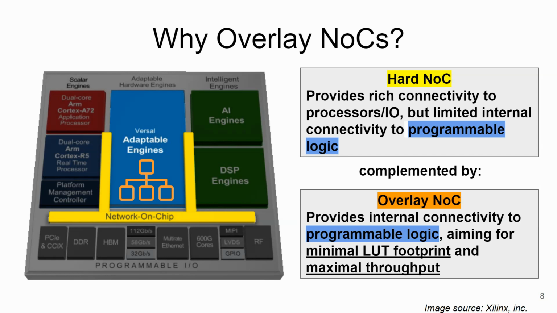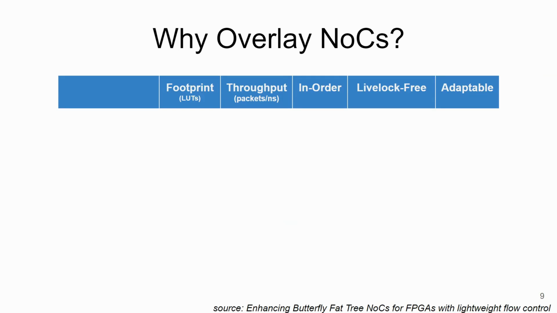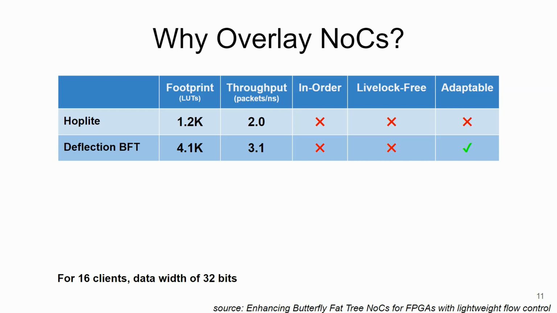footprint and maximal throughput. With this in mind, we may compare different options for overlay networks on chip in terms of footprint, throughput, in-order delivery of packets, freedom from livelocks, and adaptability to application bandwidth requirements. On one extreme of the spectrum of options, we have designs which use deflection to deal with contention for switch ports, such as Hoplite, which has a torus topology, and the butterfly fat tree option.